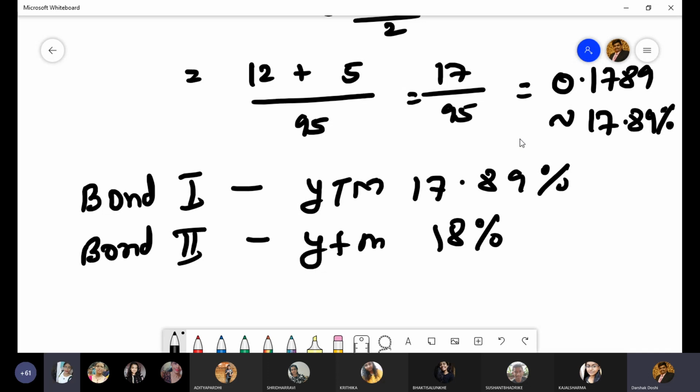Simple mathematics. YTM is yield to maturity. You are going to earn 17.89% when you buy bond 1. And if you buy bond 2, you are going to get 18%. So obviously you would like to have better returns. So you will go for bond 2, right? So can I say bond 2 is better?